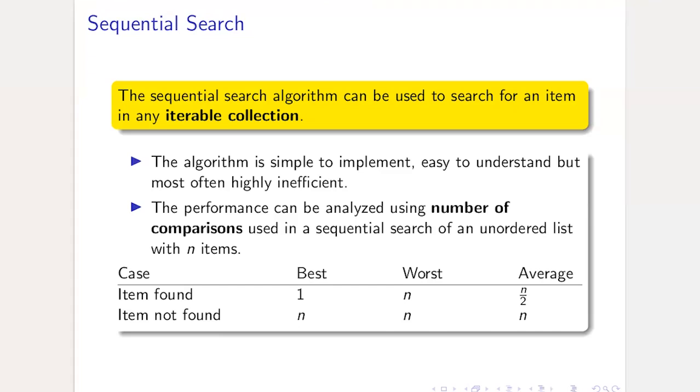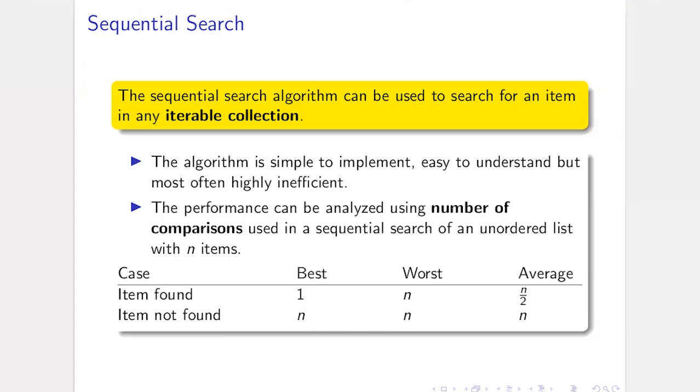So if an item is present in the collection, the best case would be that it is at the beginning. As soon as we start searching, we find it. So the best case would be 1.